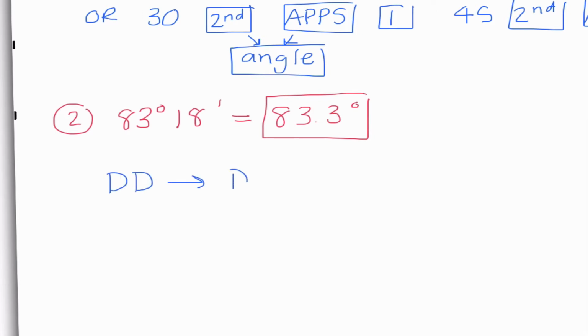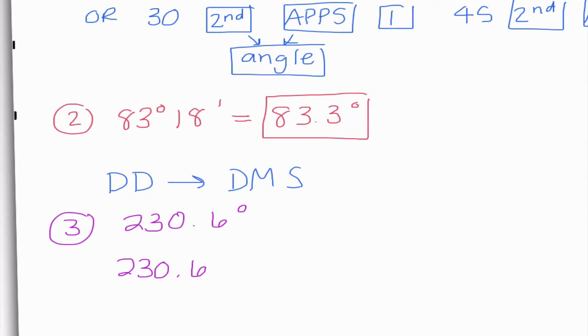And just for fun, let's look at one where we are changing from degrees into degrees, minutes, seconds. If we had something like 230.6 degrees, enter 230.6, and then go back to that magic menu, second, apps.